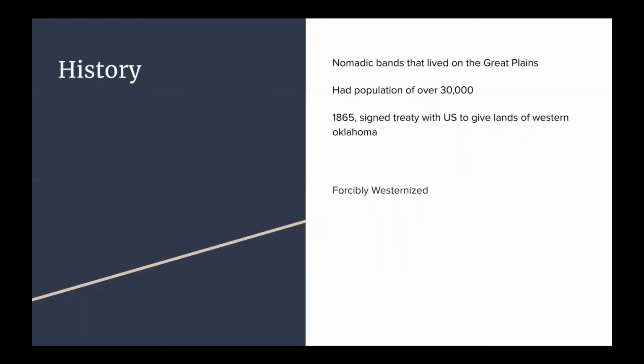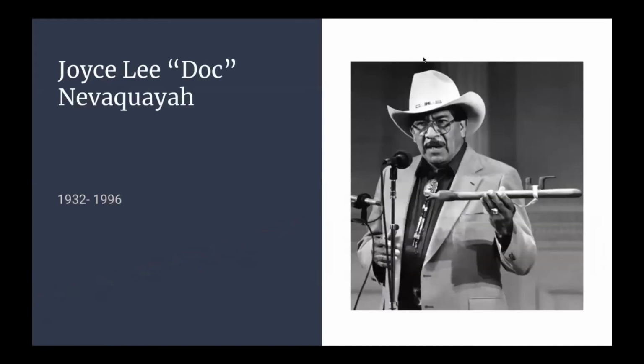So on that happy note, we go to our first of the three major Comanche artists we will be going over today. So we have Joyce Lee, Doc Tate, Nevaquayah. He is kind of the pioneer of what we think of as modern Comanche art.